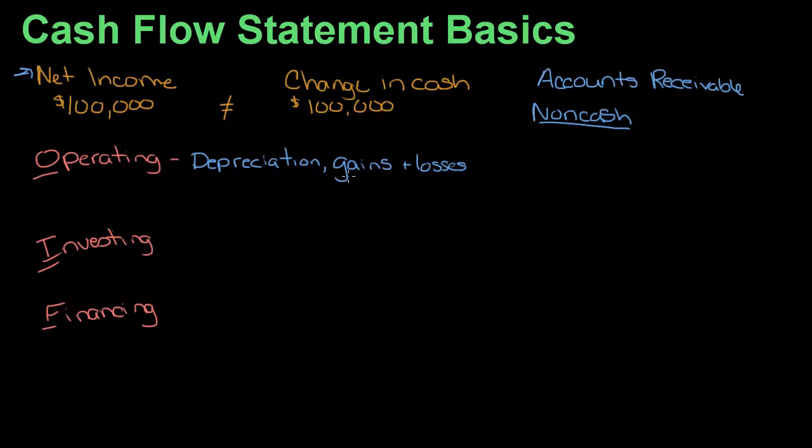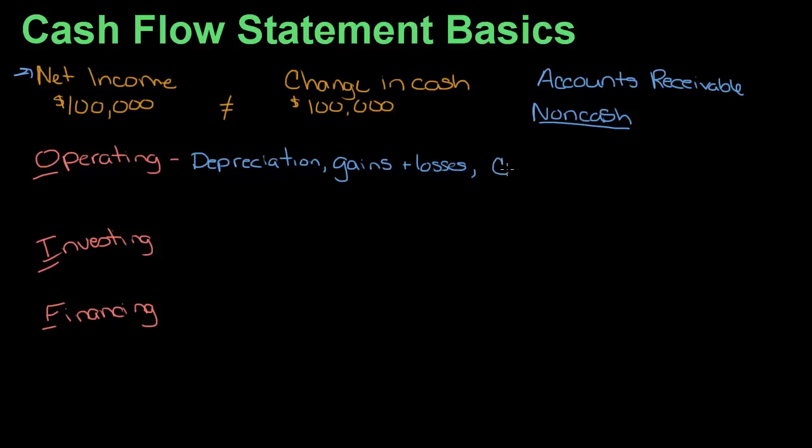So gains and losses are non-cash transactions. The other types of accounts that go into operating are items that affect your income statement. So for example, we started off by talking about accounts receivable. Accounts receivable does not affect our cash, but affects our net income.